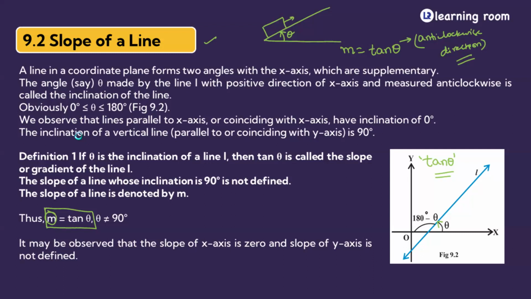made by the line with the x-axis in the anti-clockwise direction. Clear? Now what you do is draw this diagram. So draw this diagram and write m is equal to tan theta.